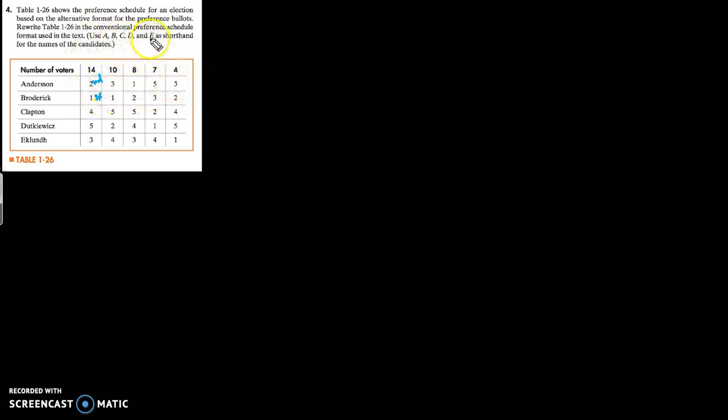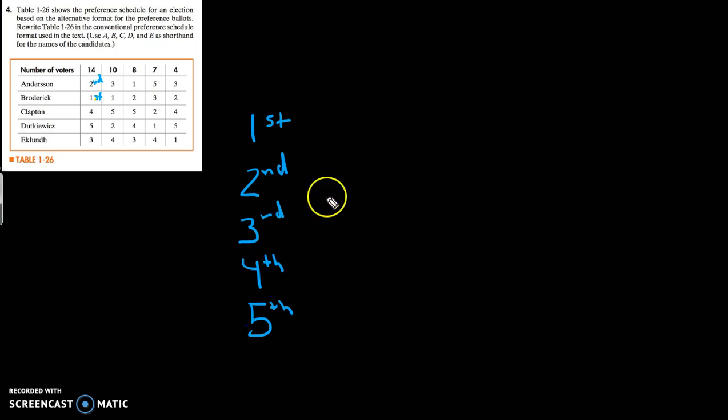And so what they want is rewrite this in the conventional preference schedule. So the normal ones that we've been seeing that aren't in this awkward format. So the normal preference schedule, we want to put who they put as first, second, third, fourth, and fifth.